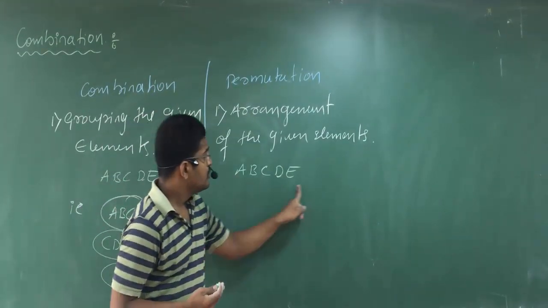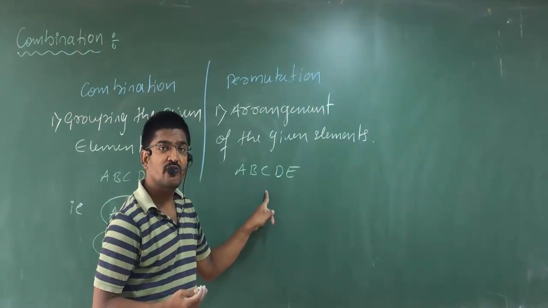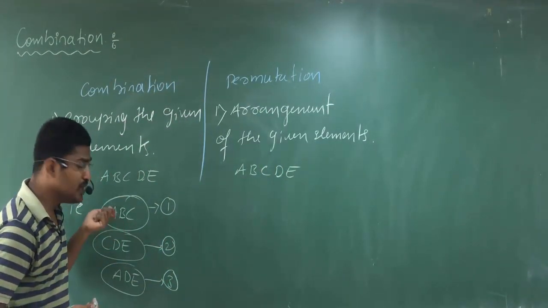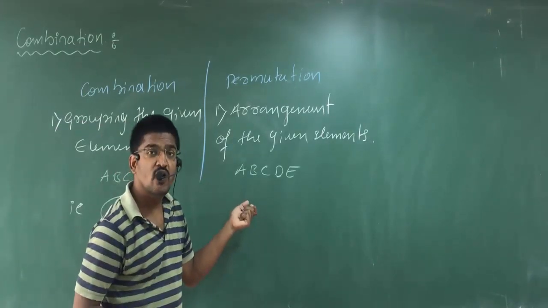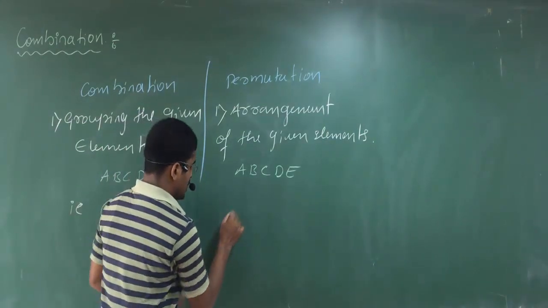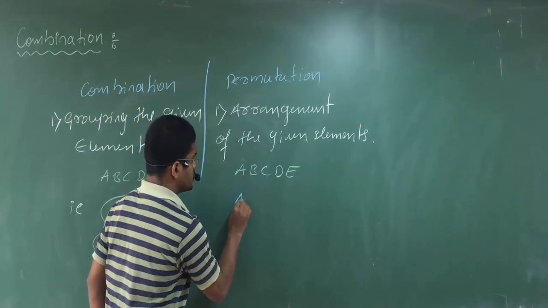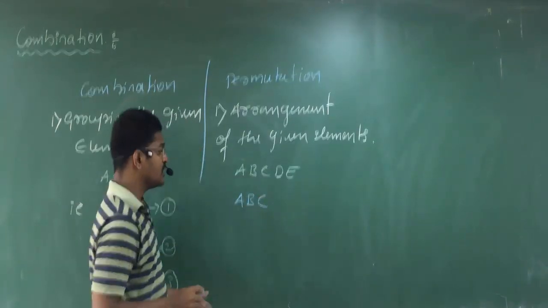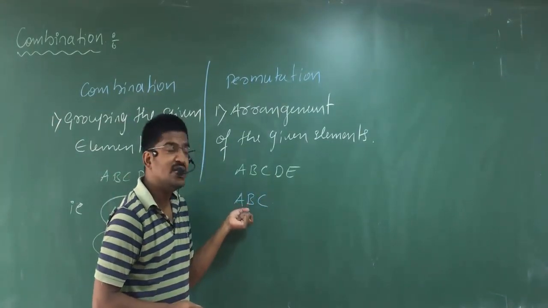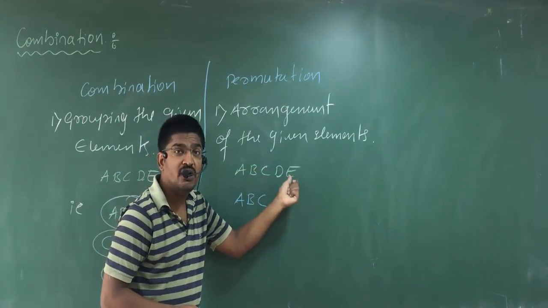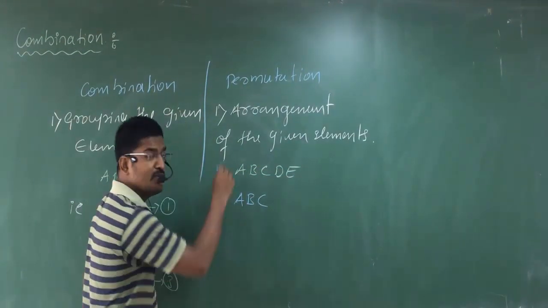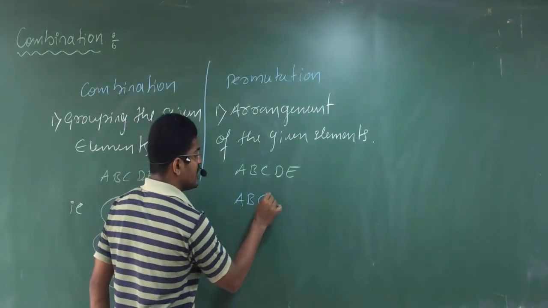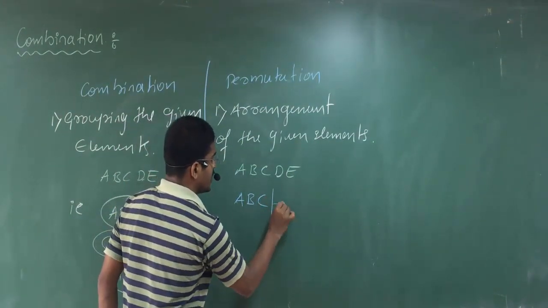But permutation means, see, there were 5 elements. In combination, you have taken 3 elements, that is A, B, C. Here also I will choose A, B, C. These are 3 elements I have taken from 5. But I can arrange these 3 elements in different forms.